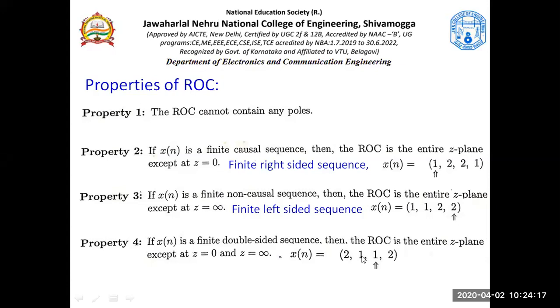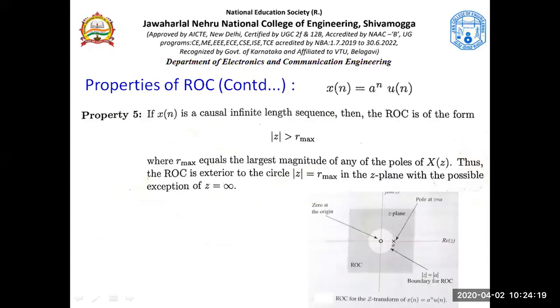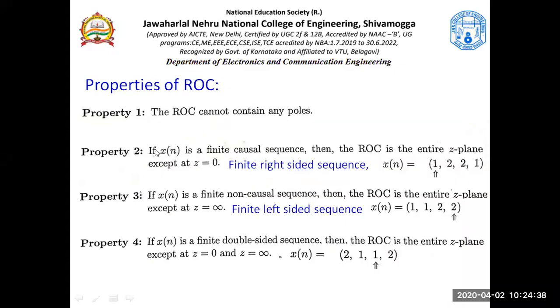Now, the fifth property. They have generalized this statement, which you will find very difficult to understand. But taking this example, when they write the properties of ROC, they are generalizing it. All the statements are generalized. If X of n is a finite causal sequence, then the ROC is the entire Z plane.